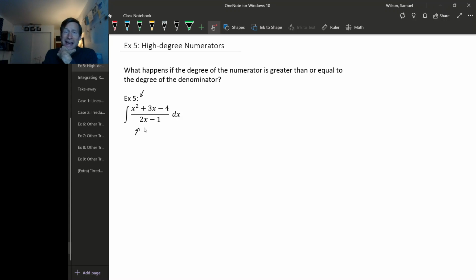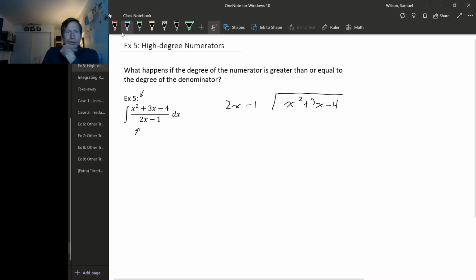And the way to make that happen is just to do long division. So we have x squared plus 3x minus 4, and we're dividing this by 2x minus 1. So remember how polynomial division works. We need some part of a quotient here that when you multiply it by the divisor, you get x squared.